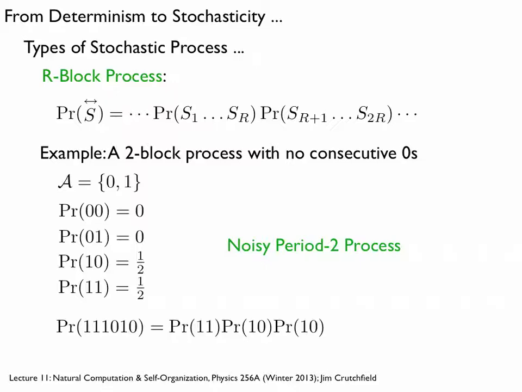This process, as it's laying down these 2 blocks, will never generate consecutive zeros with this setting of the probabilities. That's why this one is 0. Because if I wrote this one down and followed it, then I'd have 2 zeros following each other. So I set that one to 0. And what this means is if I had this length 6 sequence, the probability of this one breaks down into this product over length 2 blocks.